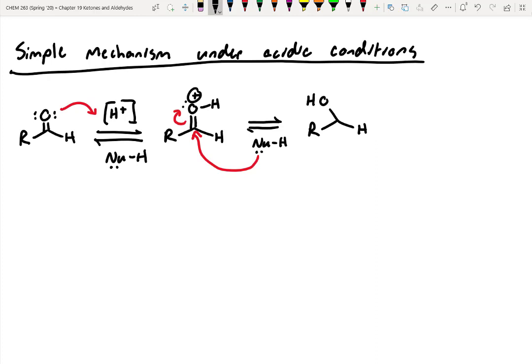And now we've got our alcohol. We've got our nucleophile with a positive charge on it because it's now formed a new bond. And then in that last step, I can just write minus H+ to show a deprotonation event happening. And we can get rid of this proton right here during that last step.